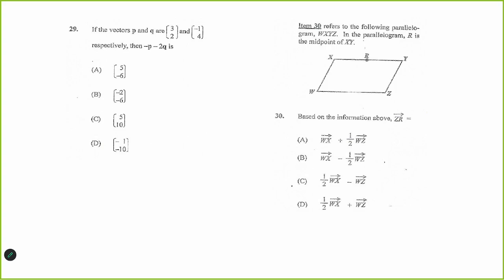Right, then we have minus b minus 2 minus p minus 2q, so that is minus p is minus 3 minus 2.